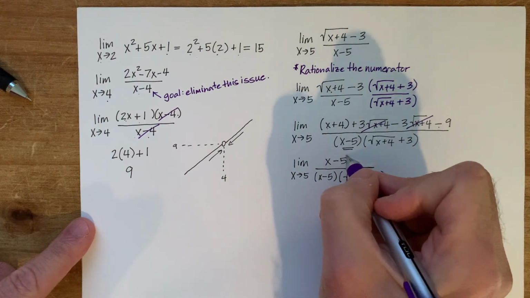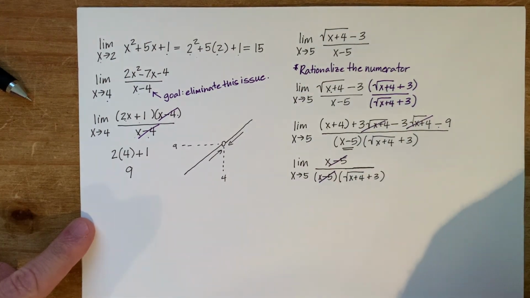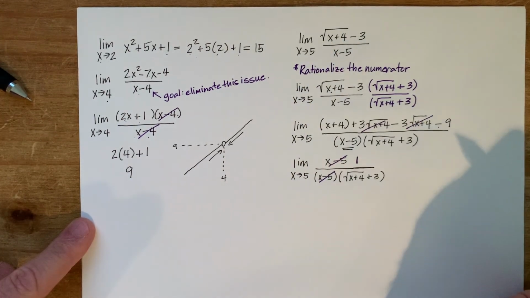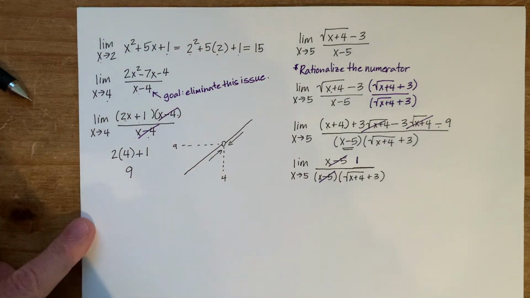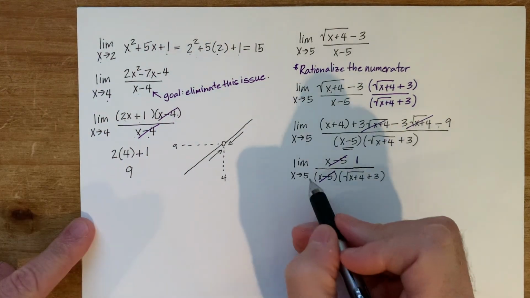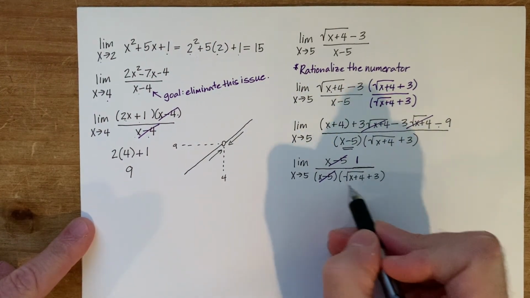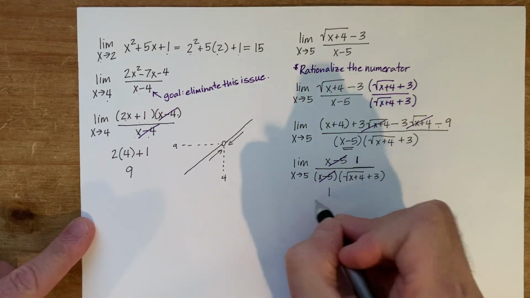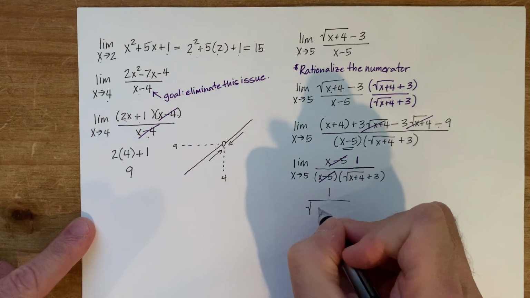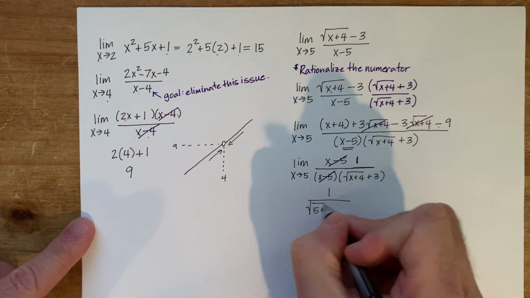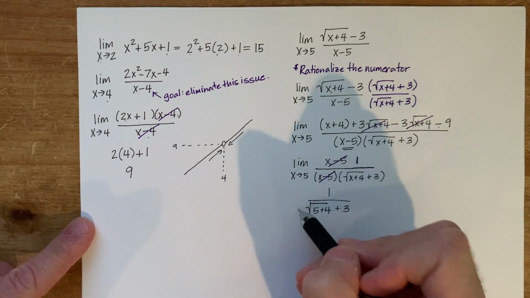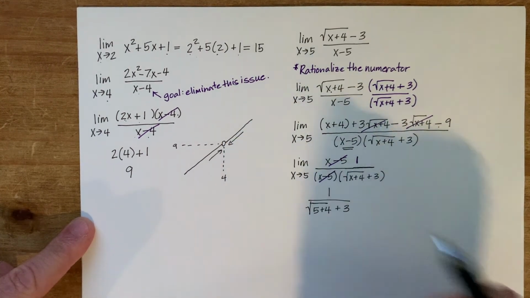So the x minus 5's cancel. When I cancel a factor like that in the numerator, it doesn't blow the numerator up. It's still there, and so there's still a factor of 1 left behind. Now I'm going to take my 5, and I can evaluate this limit because this factor is not going to be 0. So when I take 5 and I plug it in, I've got 1 over the square root of 5 plus 4, plus 3. Notice when I'm doing this step, I'm removing the limit from the front.